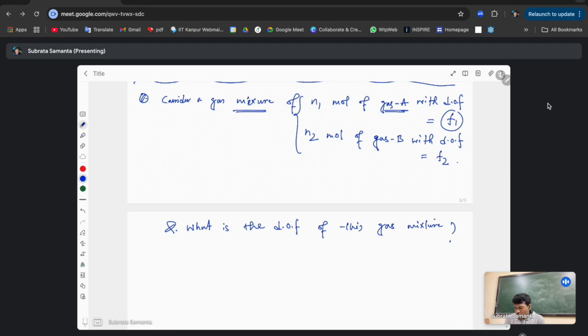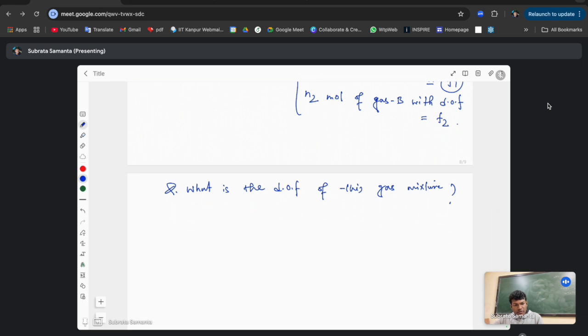So how to compute this? Let's first consider the total internal energy of the system. This is basically the mixture of the two gases.